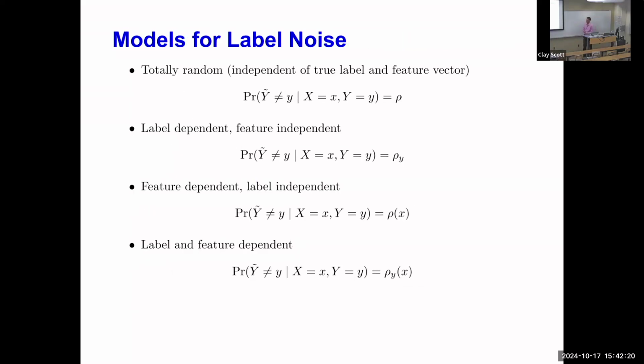So there are different models for label noise, usually broken down in terms of these transition probabilities. This goes from simplest to most complex. The simplest, we just assume that the probability of corruption is independent of the feature vector and the true label, just some constant rho.